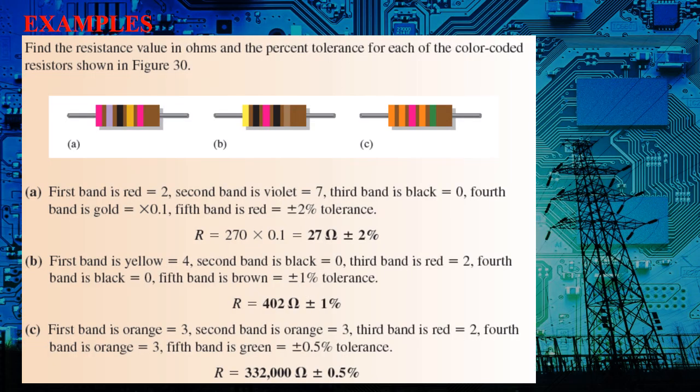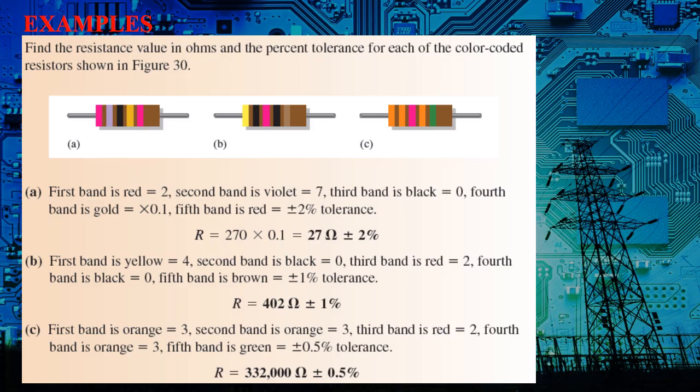Find the resistance value in ohms and the percent tolerance of each of the color coded resistors here. Look at A here. The first band is red, that's 2 from the table. The second band is violet, that's 7 from the table. The third band is black, it's 0 from the table. The fourth band is the multiplier, it's times 10 raised to negative 1.